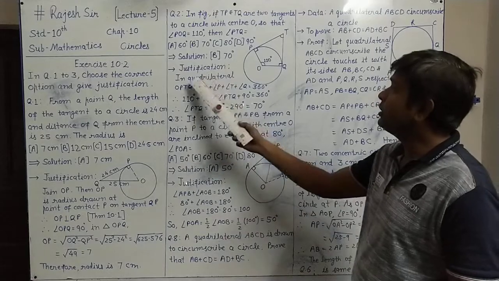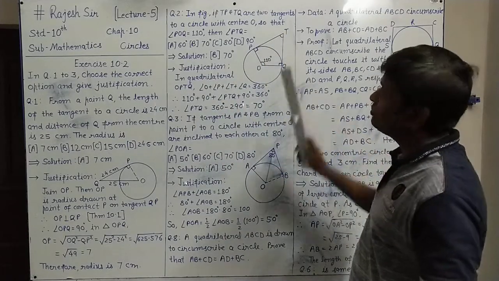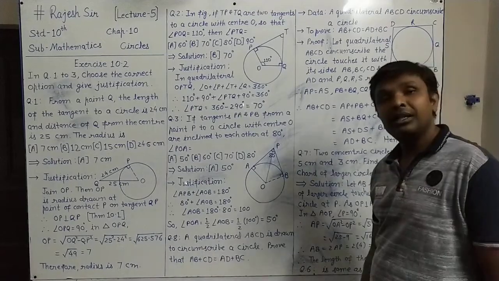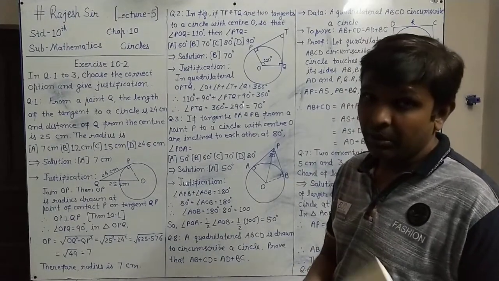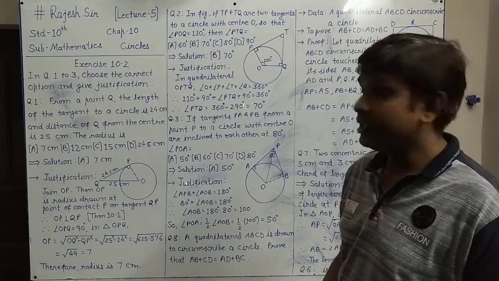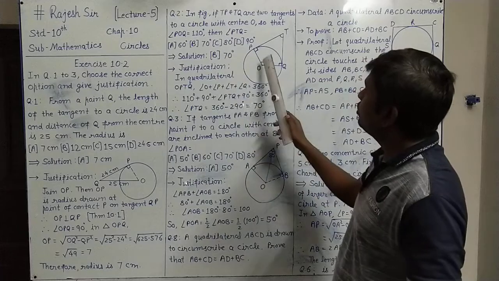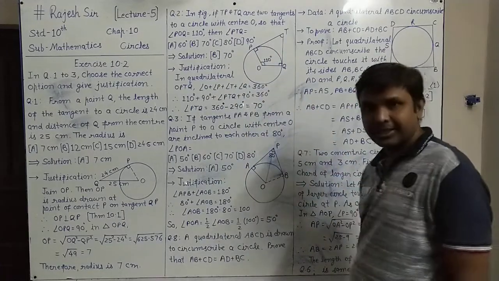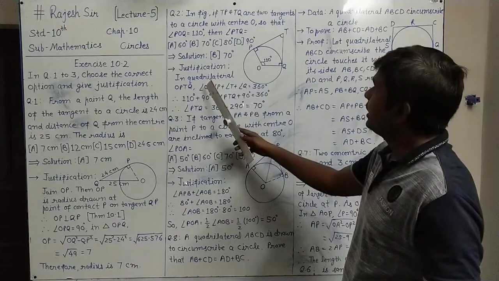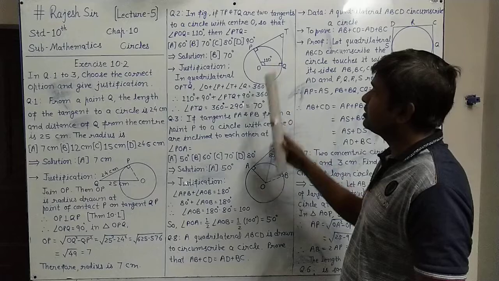For the justification, you can see the quadrilateral OPTQ. By the angle sum property of a quadrilateral, the sum of all 4 angles equals 360 degrees. So in quadrilateral OPTQ, angle O plus P plus T plus Q equals 360 degrees. Angle O is 110, given as POQ.